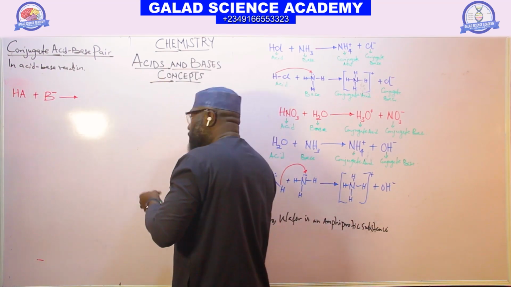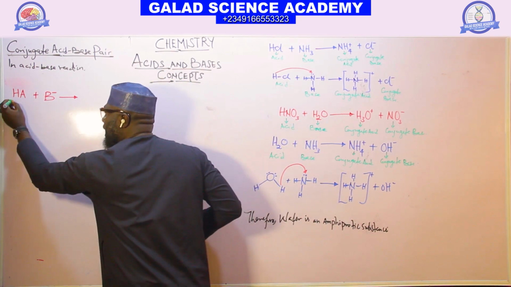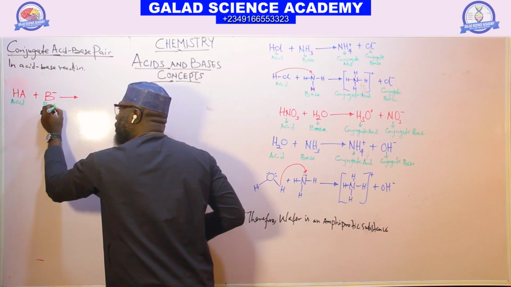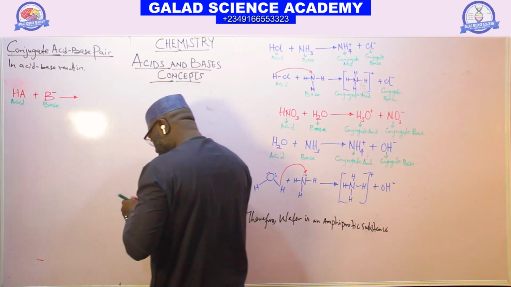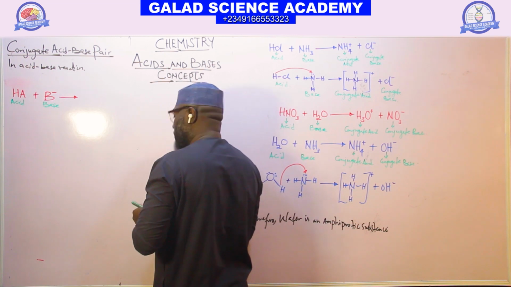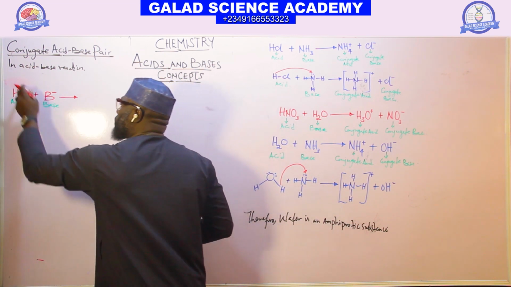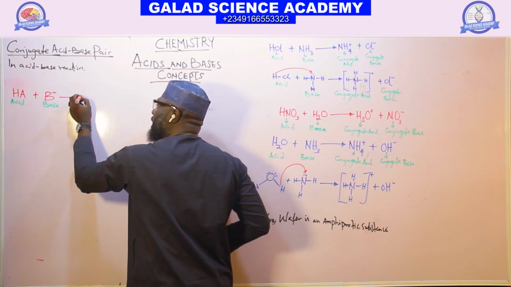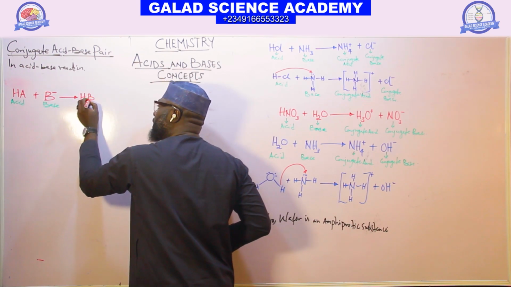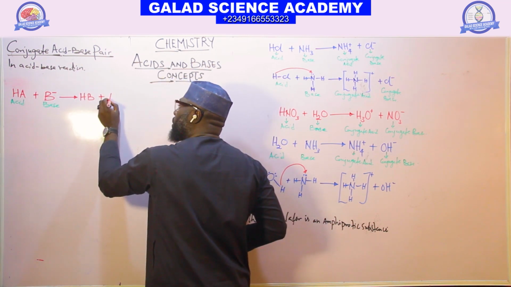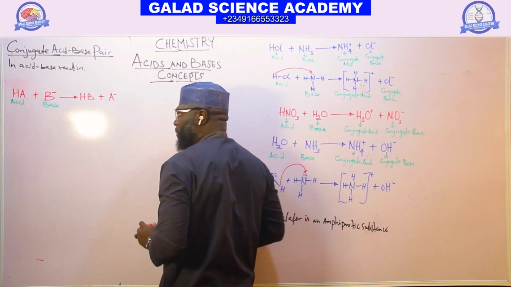This is the acid, and this is the original base. The acid gives its proton to the original base, forming HB, and the acid itself becomes A minus.